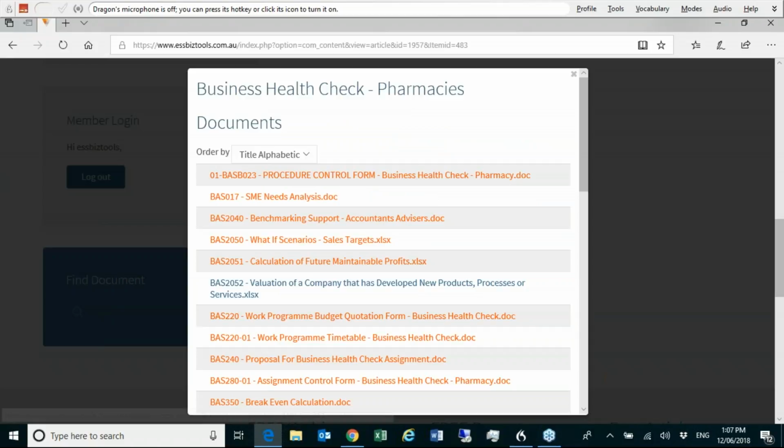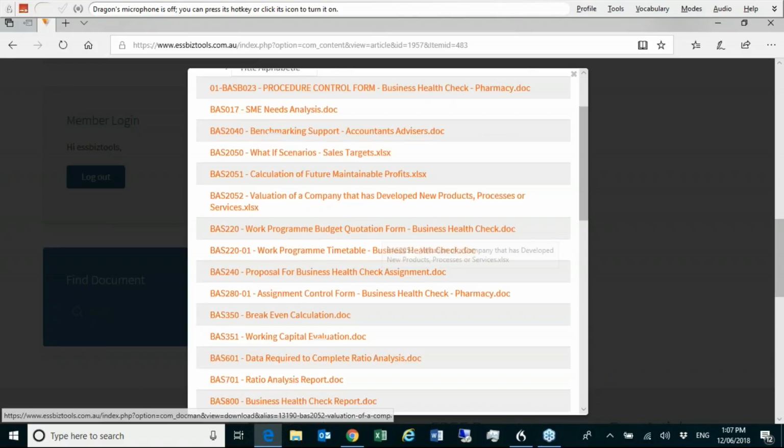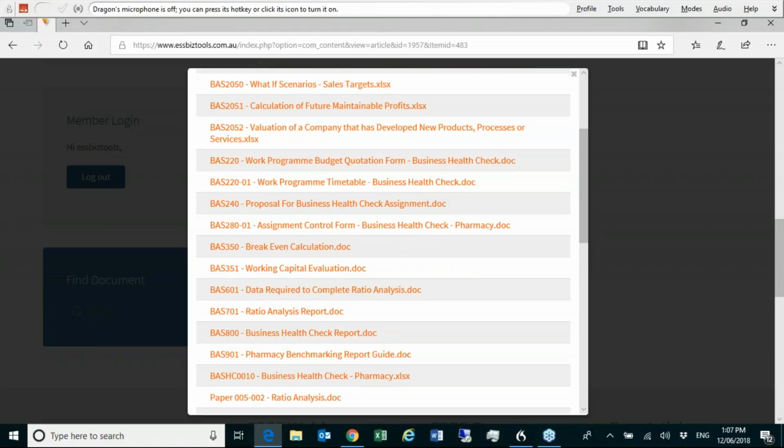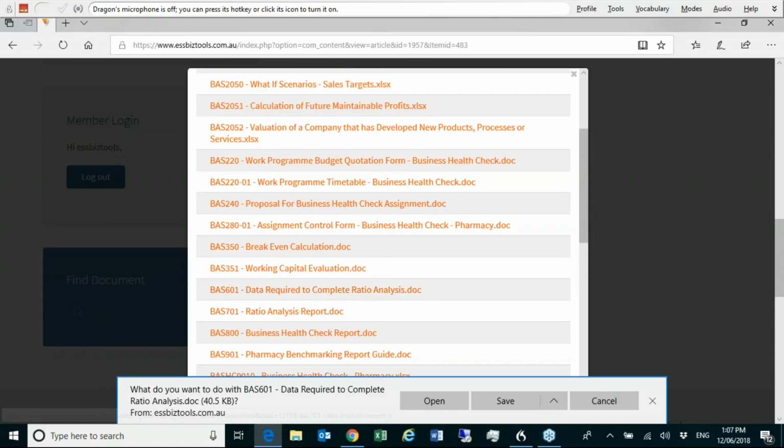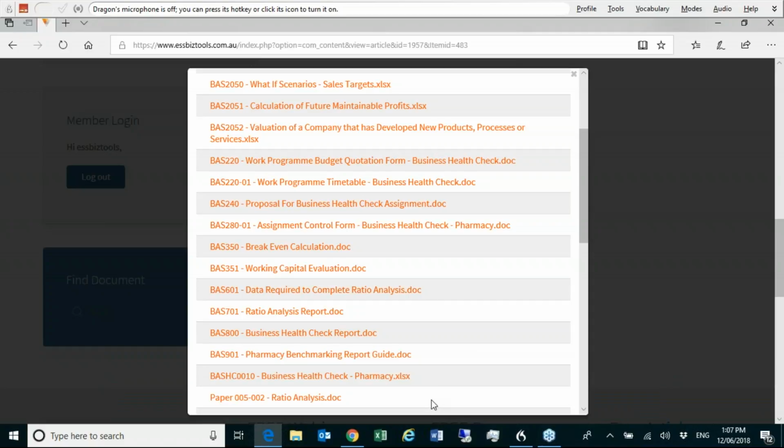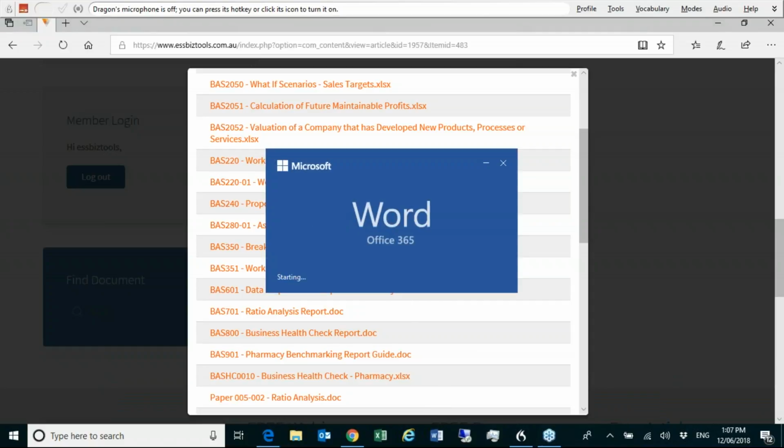There's a procedure control form. There's links to some other documentation. But in the first instance, we're going to look at the data required. So this is the link you would send to your clients. They could start preparing the material.